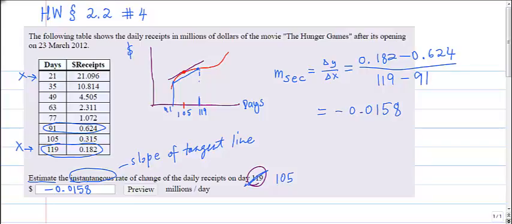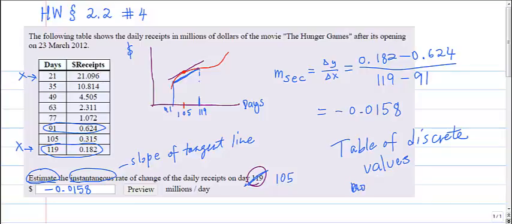Okay, so you pick a point before and a point after and find the slope of the secant line, and that's a good estimate for the instantaneous rate of change. Now again, this is only the procedure when you have a table of discrete values, and it's a middle value, meaning not the last value or the first value.